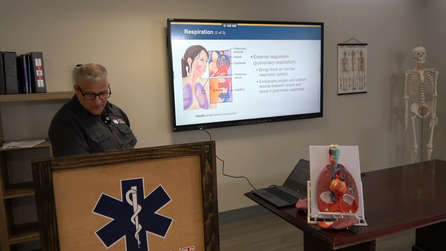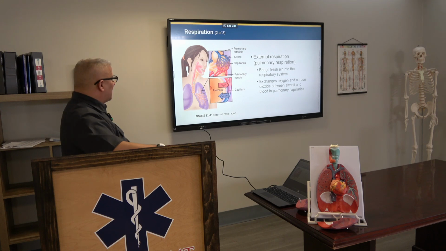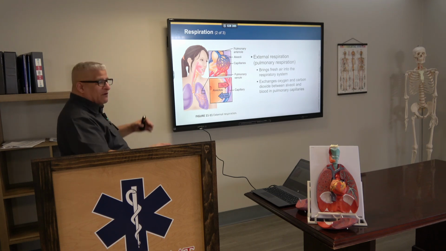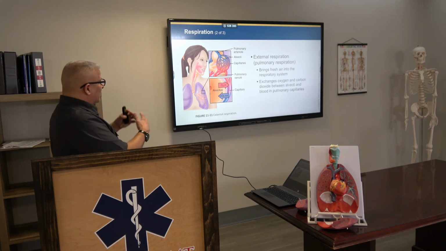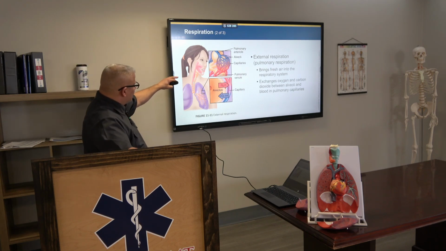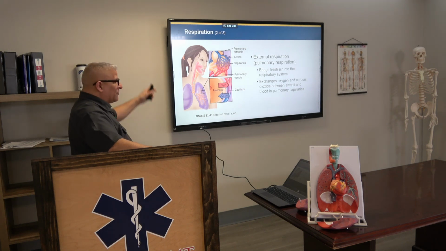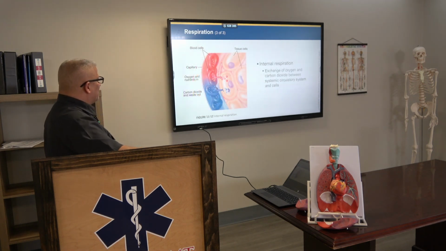So here on page 427, table 11-11, is just showing you a picture of what I just explained, that actual exchange. Air comes in, it's exchanged in the capillaries in the alveoli, and then the oxygen is carried out to the body, and then the waste product is exhaled out through our respirations.